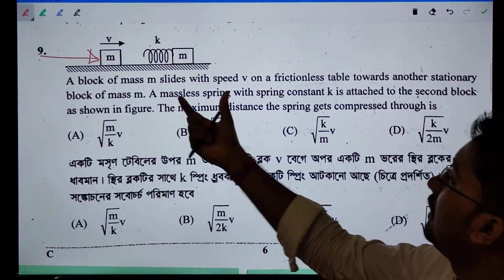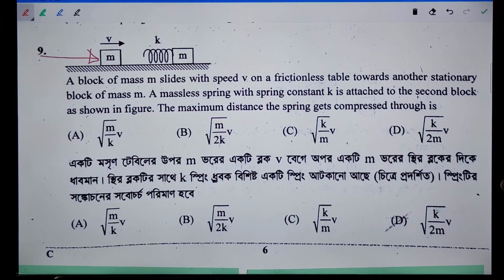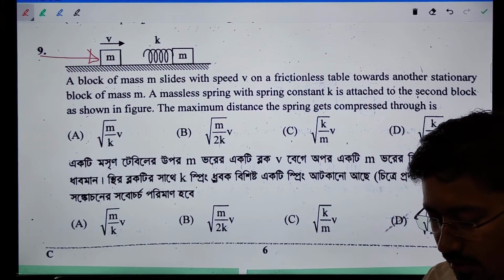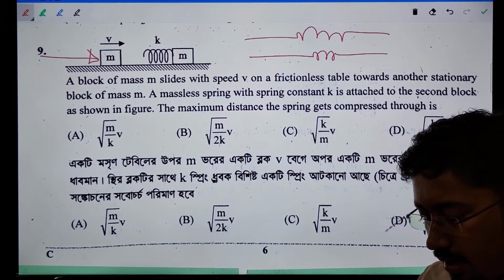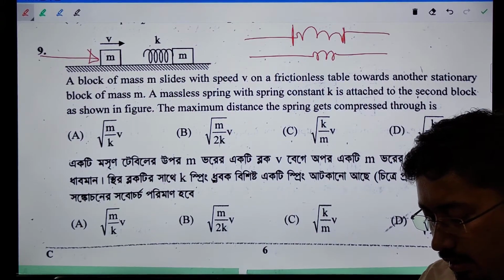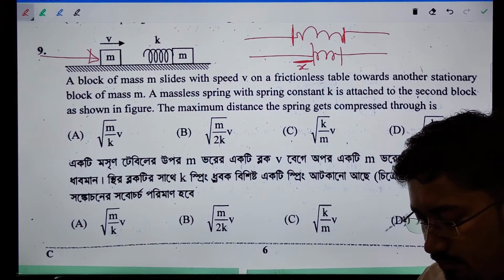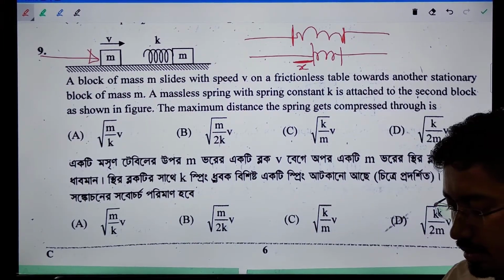That means the maximum decrement in the length of the spring will be what? So you know, if you shrink the spring by some amount, suppose this is the amount of decrement of length, so it will be basically what?